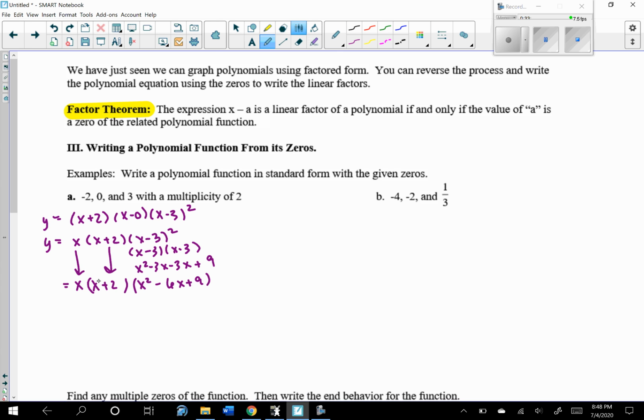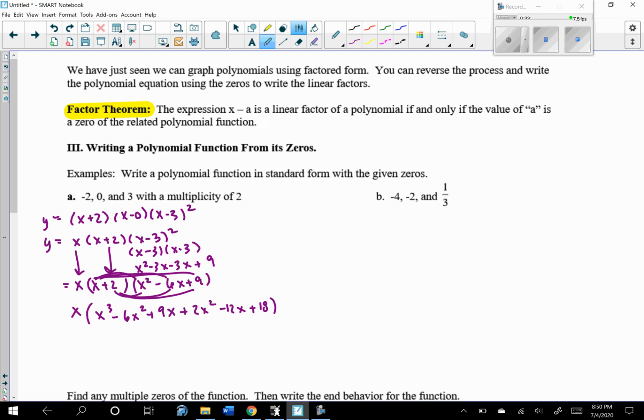So now I'm going to do this x times each of these terms here, and then the 2 times each of these terms. So we have x times x squared is x cubed minus 6x squared plus 9x, and then plus 2x squared minus 12x and plus 18.